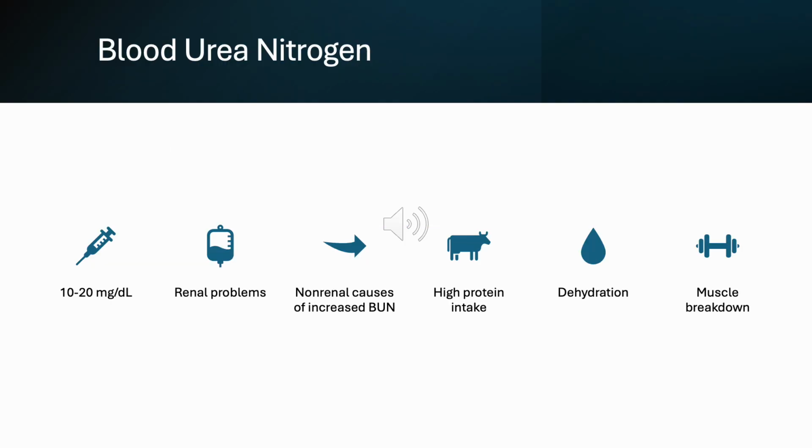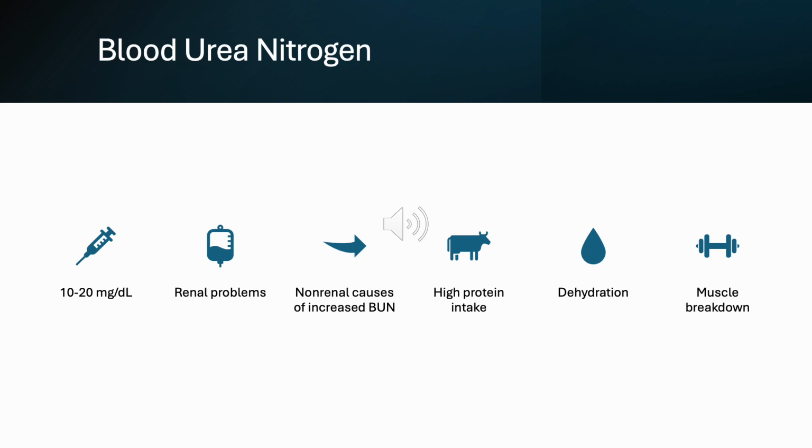Okay, the BUN is a value we do look at if somebody has renal failure. However, the creatinine is always going to be more accurate than the BUN if you get asked, because there are a lot of reasons a BUN could be high without renal problems. So the normal is 10 to 20. It increases with patients with renal problems, but also if there are non-renal causes, like maybe you're on a keto diet and you're eating a lot of protein.